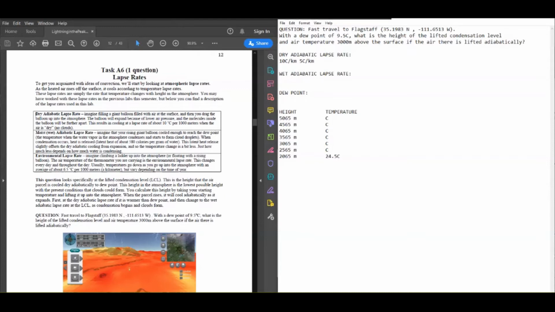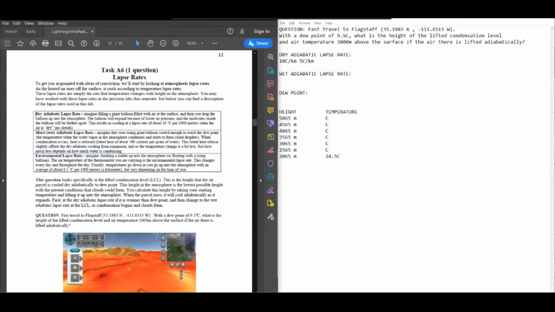The wet adiabatic lapse rate is used once you reach dew point, once condensation is occurring. The environmental lapse rate is the temperature outside of the air parcel, and this is variable depending on the time of day and the season. We won't worry about this for this question.